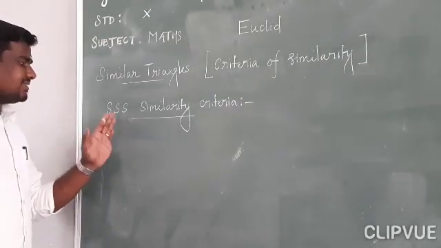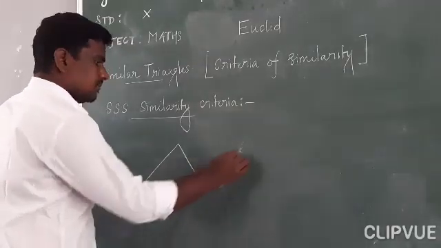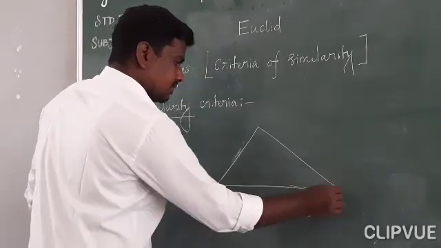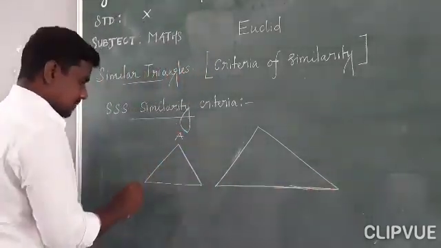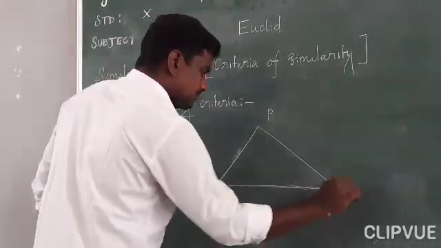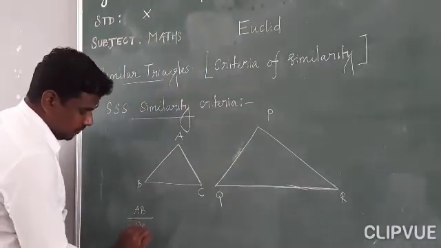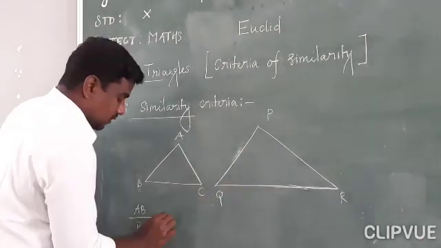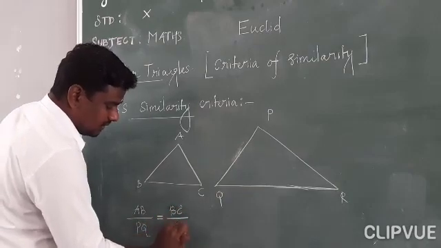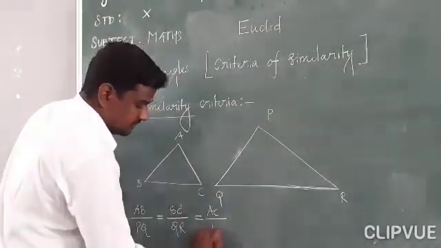The third one, side side side. ABC, PQR. AB by PQ equal to BC by QR equal to AC by PR.